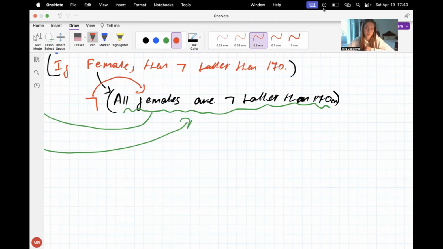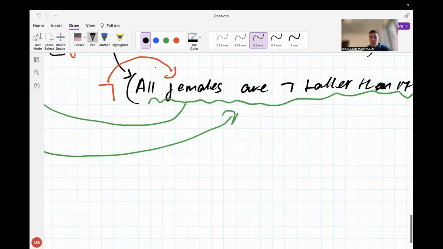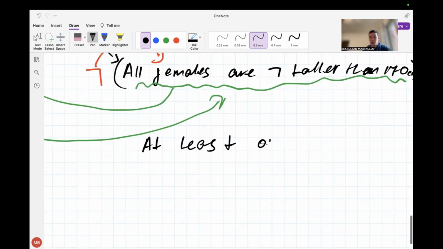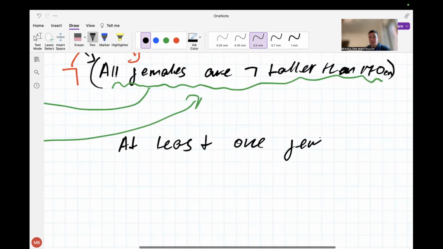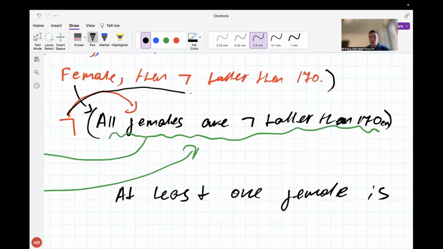At least one female is taller than 170. Good. So in order to negate it, you will not leave it like not all females are not taller than 170 centimeters, but you'll contribute not. It will be at least one female is, basically you have to contribute not to this part as well.